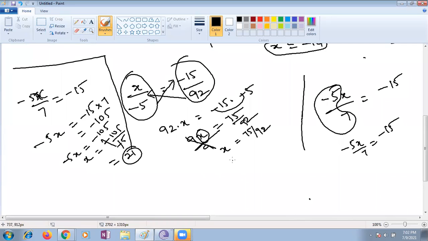Ma'am, in this question, instead of writing 92x, we can directly multiply minus 5 with minus 15, and then x is equal to 75 by 92. You will get the same answer. Very good, Karthika. You are correct.